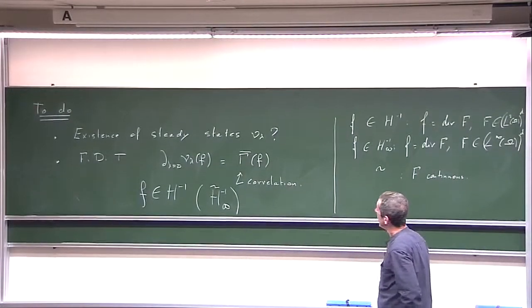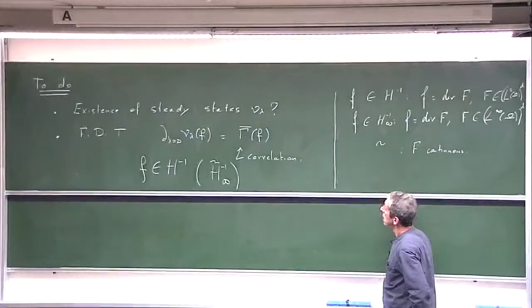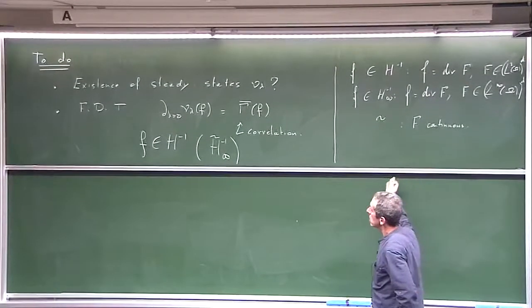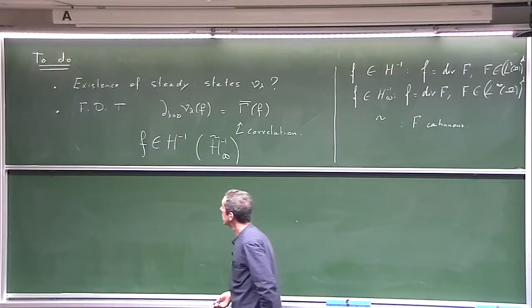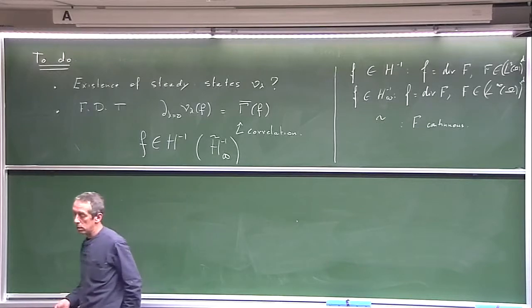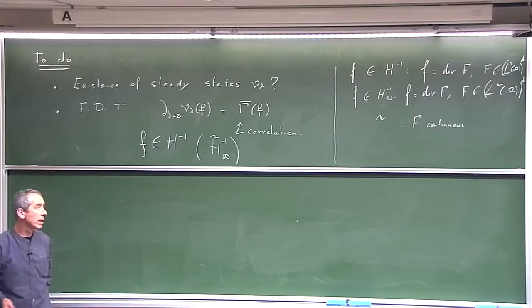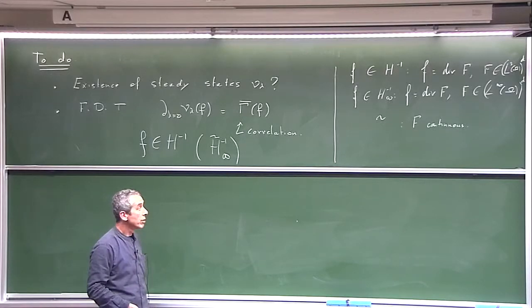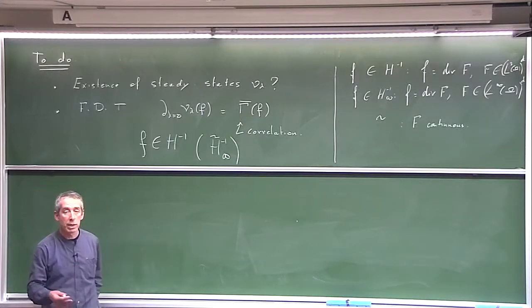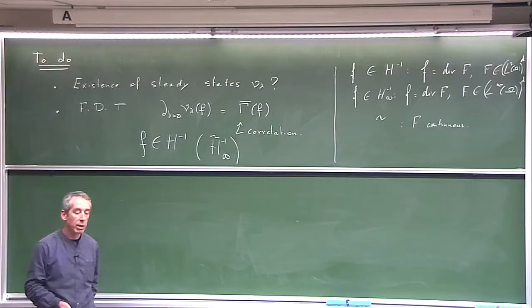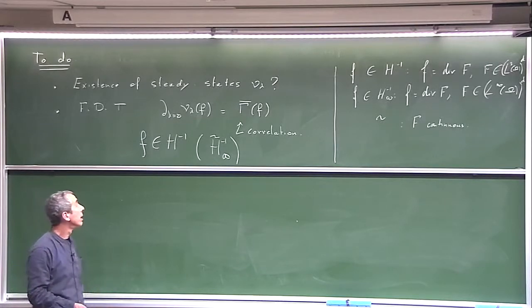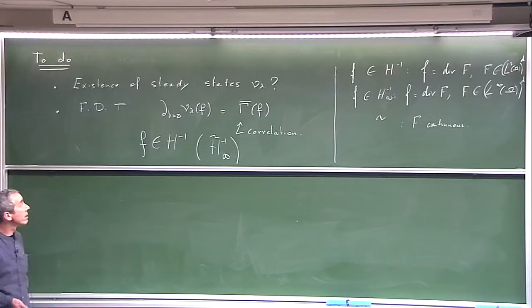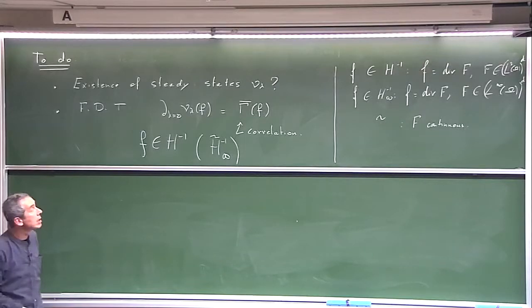So under my standing assumptions, so the assumptions are uniform ellipticity and regularity of the coefficients, plus the assumption that the environment is stationary, ergodic. Then the quick answer to these two questions is we don't know.